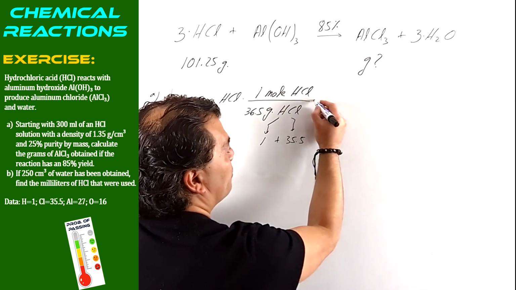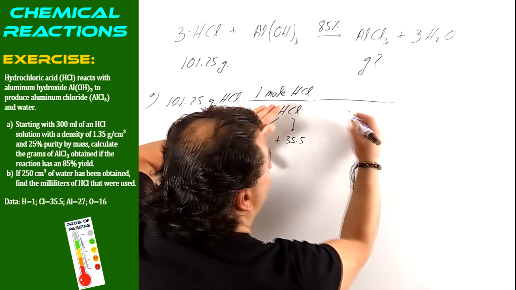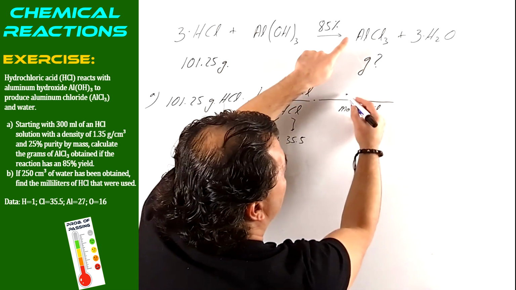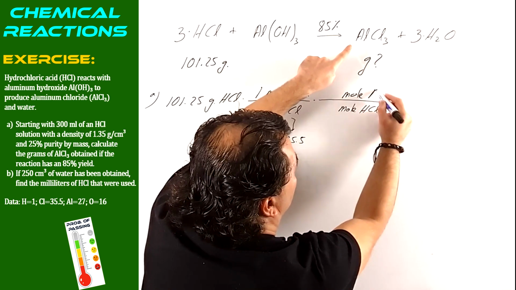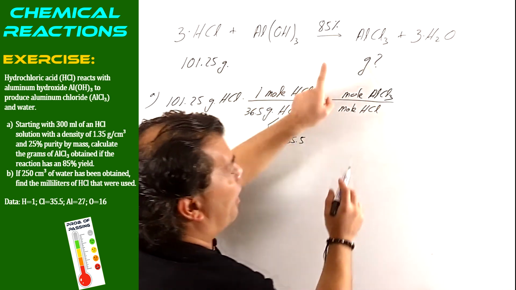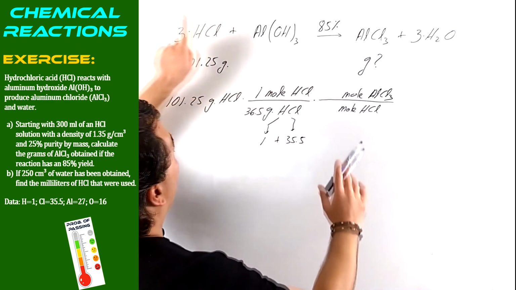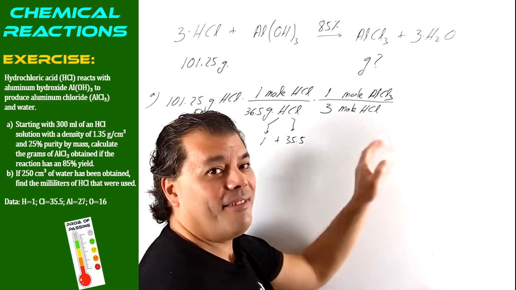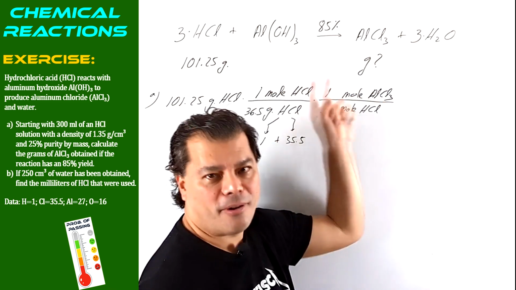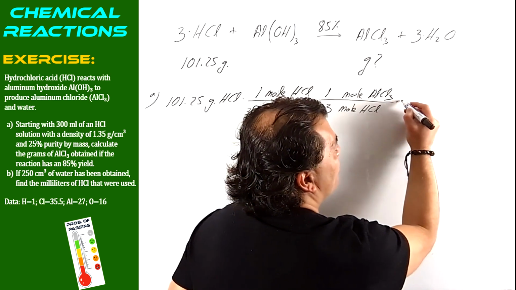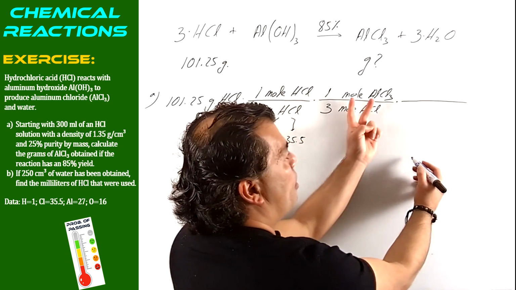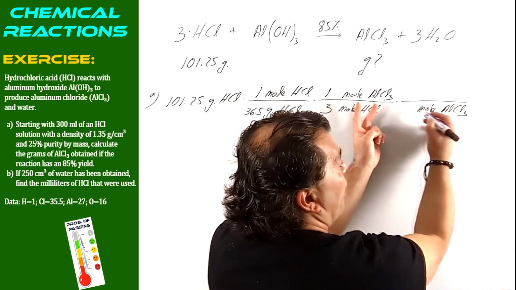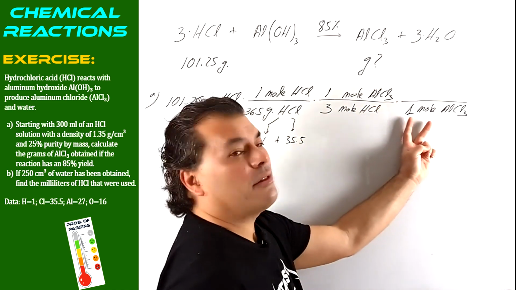Second conversion factor, it will help us to move from moles of hydrogen chloride into moles of aluminum chloride. And there come the stoichiometric coefficients, 3 for the hydrogen chloride and 1 for the aluminum chloride. Okay? So that's why it's very important to balance properly the equation. And the third conversion factor will help us to move from moles of aluminum chloride, and with only 1 mole we will build this conversion factor.